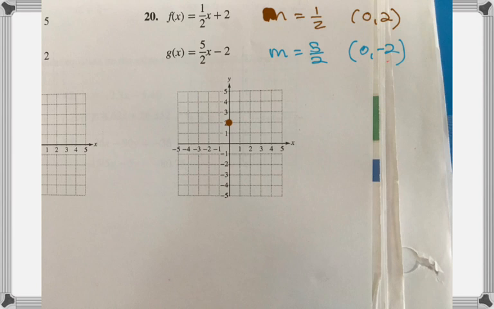I'm going to go up 1 and over 2. There's my next point. I'm going to go up 1 over 2 to make a third point. And then I'm going to go down and negative to make a fourth point. You don't have to do that. You can make 2 points, and then you can connect the dots.